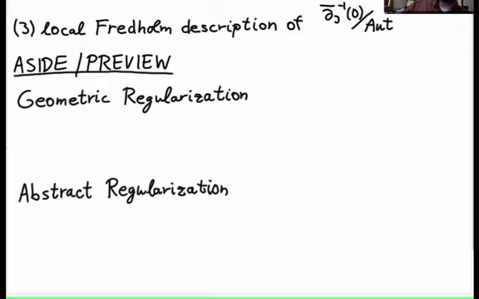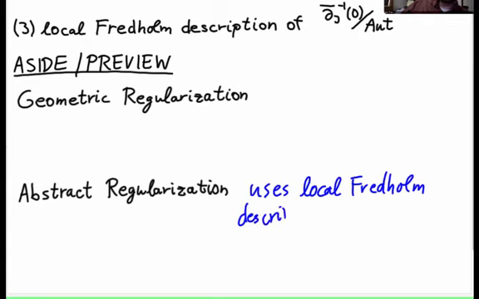What I was talking about right now is the abstract regularization. All of this abstract regularization needs to deal with, or uses, this local Fredholm description. That uses the D-bar operator restricted to local slices.